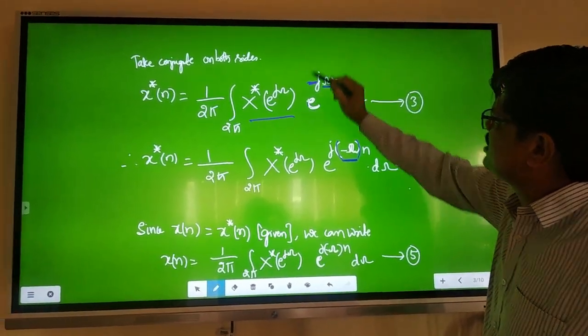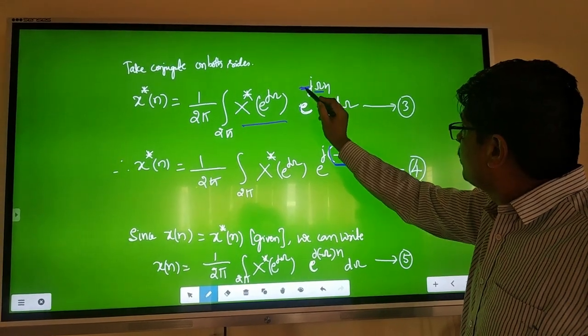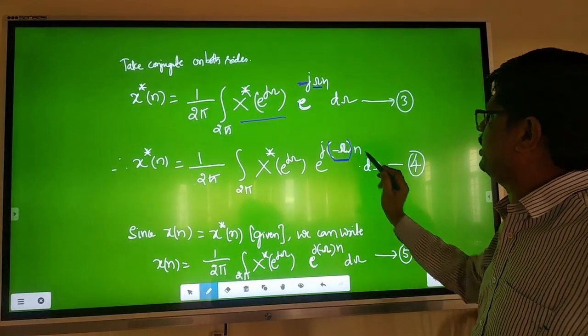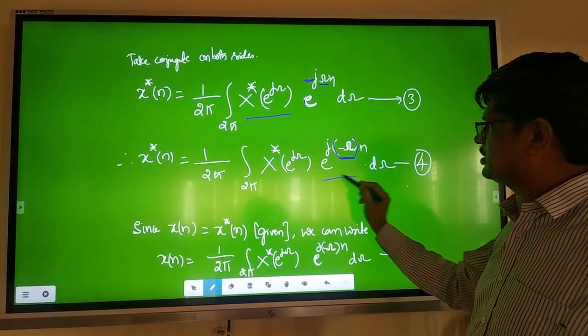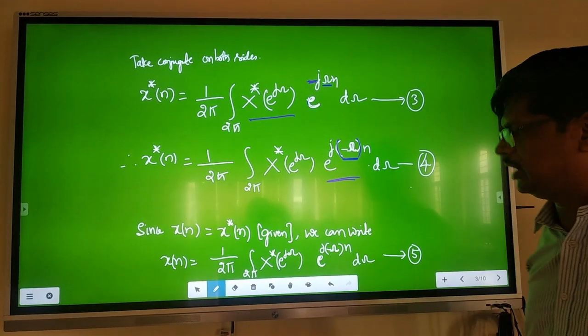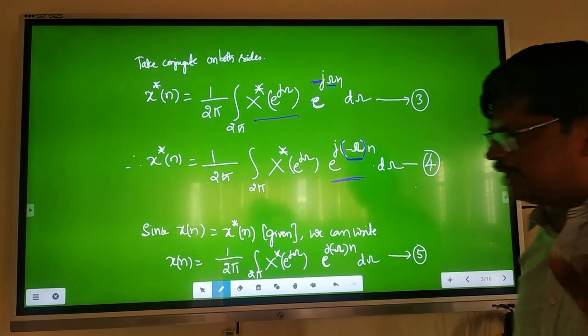Whenever you take the conjugate, x star of n has X star of e power j omega, then e power minus j omega n. Now I am writing this e power minus j omega n as e power j times minus omega, inside, times n, d omega. This is for simplification purposes, I will tell you later. Call this equation number 4. This is equation number 3.